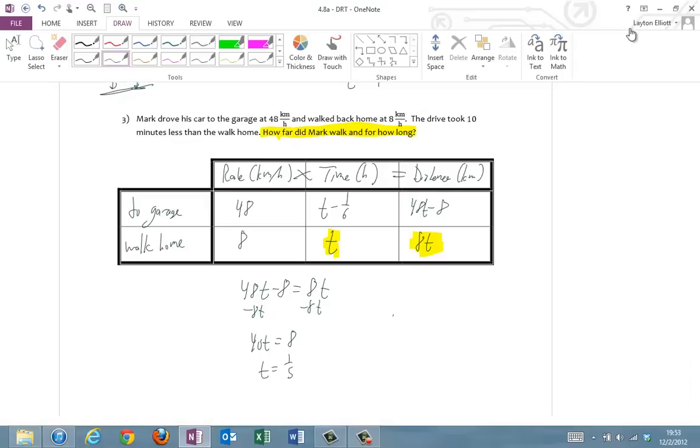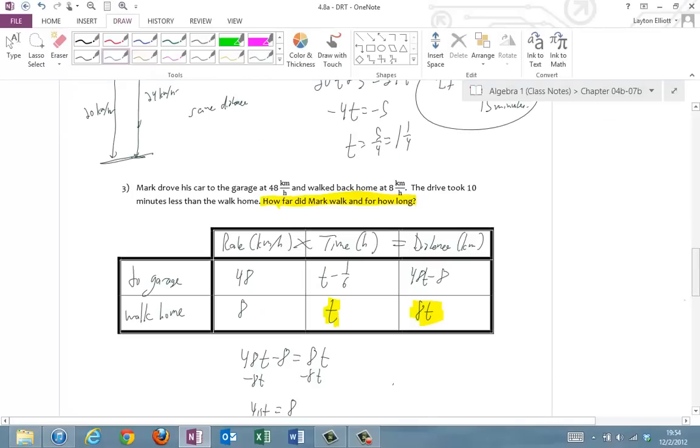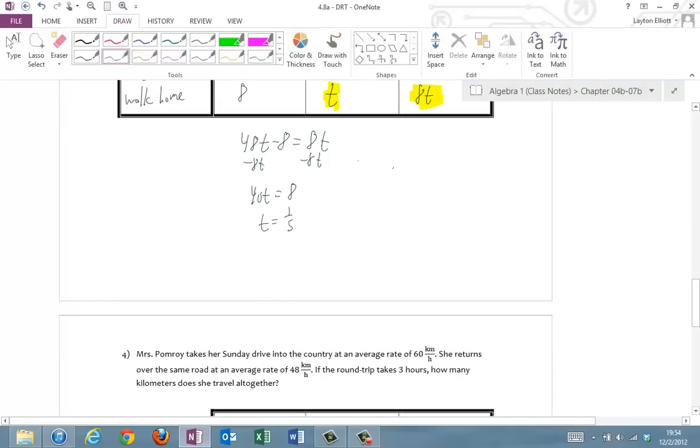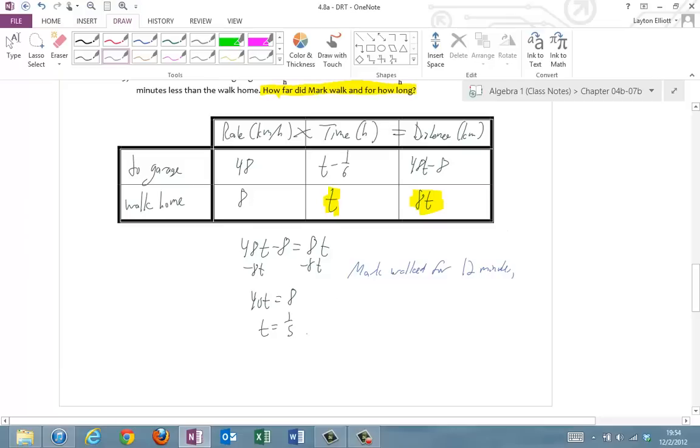Let's keep those on so I can change colors later. Alright, back to the problem. Mark walked for, we said 1/5 of an hour is 12 minutes. And let's do 1/5 times 8.